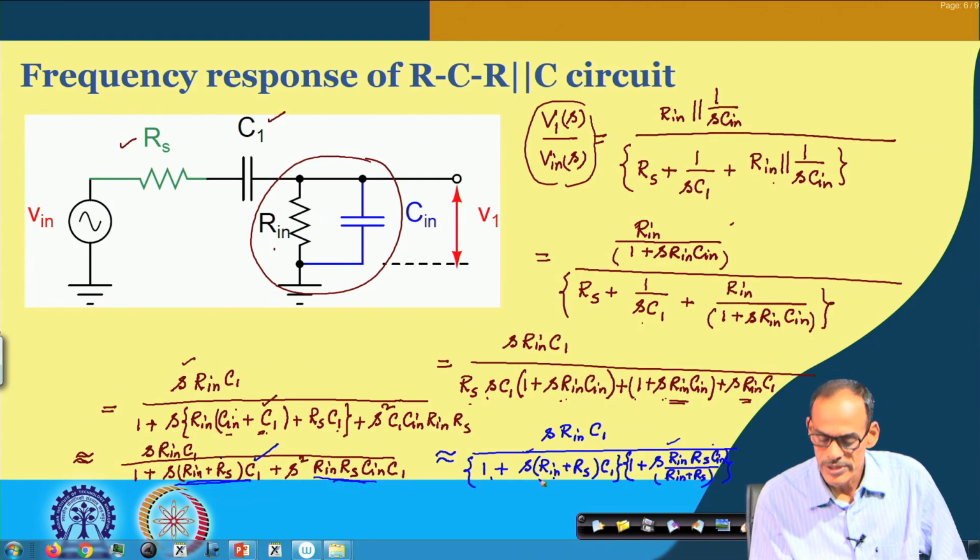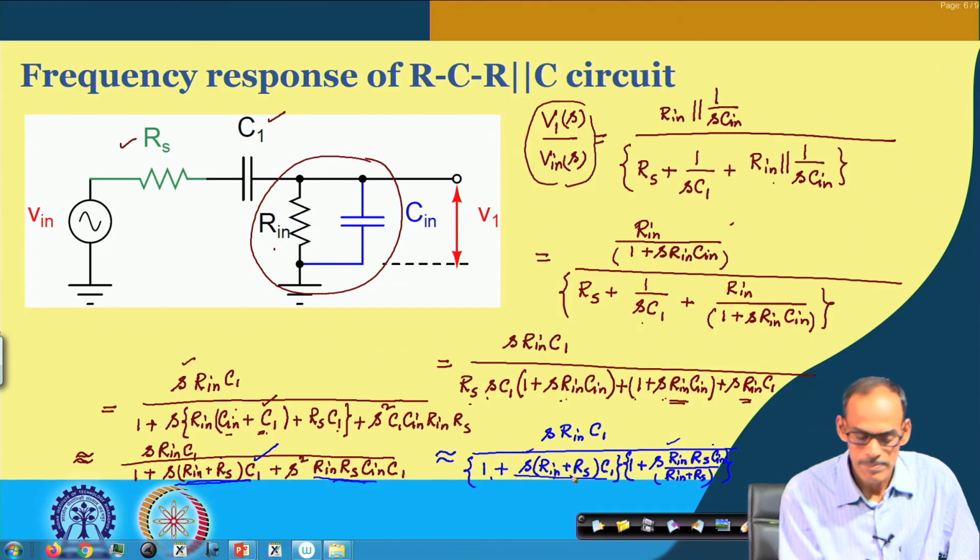So, here we may say that the first term is giving a pole called P 1.